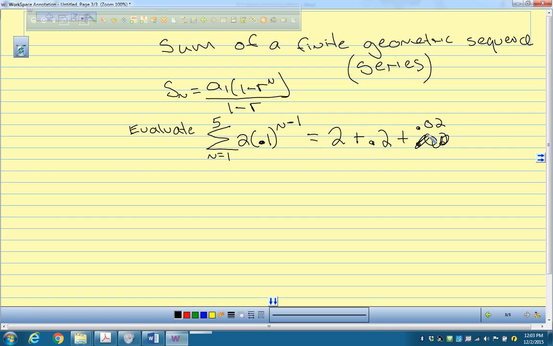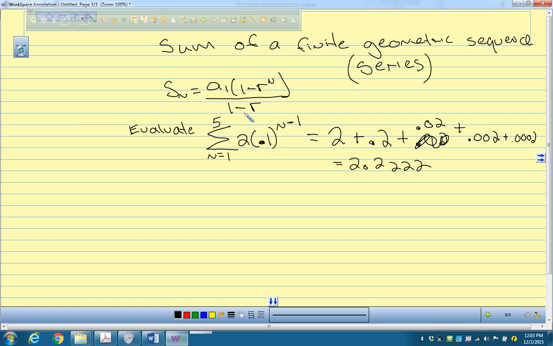I'm making this one relatively easy. Then you would add 0.002, and then 0.0002, which altogether you'd have 2.2222, which is close to 20/9, which we'll get to in a second.